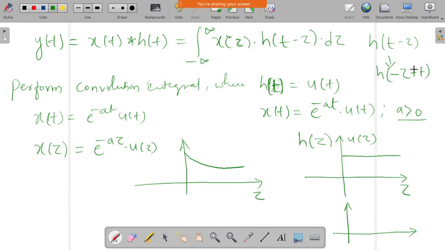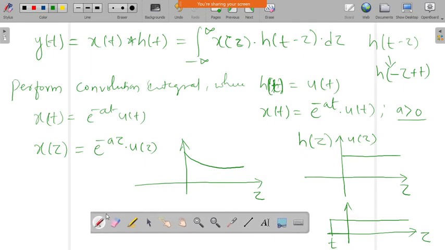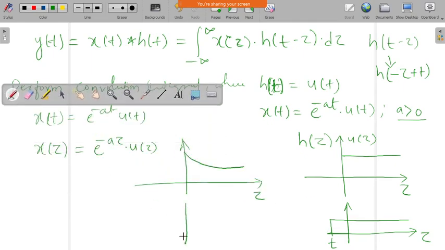So this is shifted to the left side, till the value of t. This is a tau variable only, so now this is the shifted and reflected version, till the value of t.